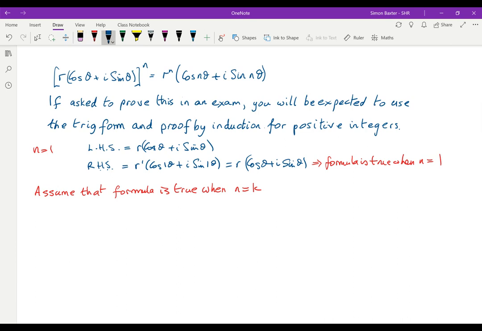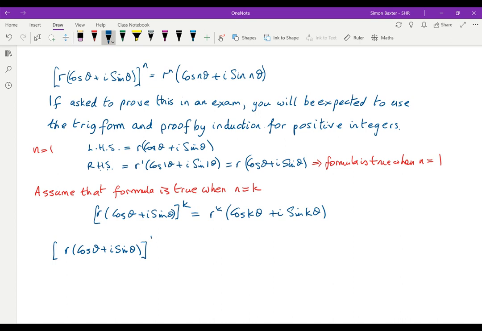So we're assuming that r cos theta plus i sine theta to the power k is equal to r to the k cos k theta plus i sine k theta. The next thing we always do is to look at n equals k plus 1. So if we look at k plus 1, we are going to get r cos theta plus i sine theta to the k plus 1.